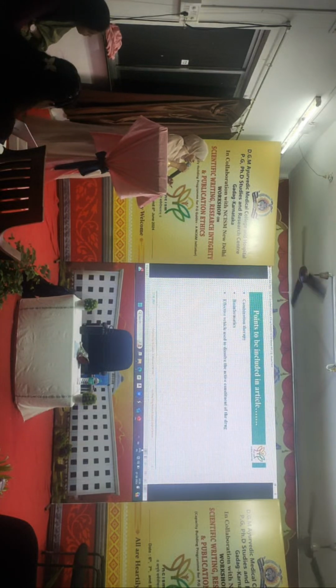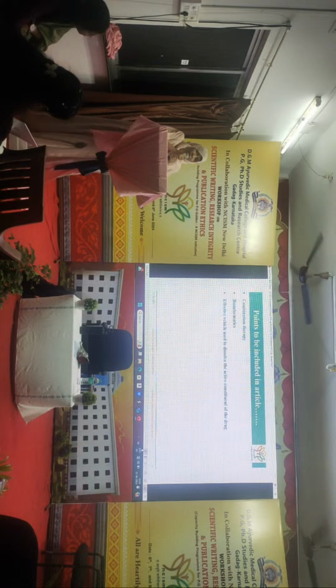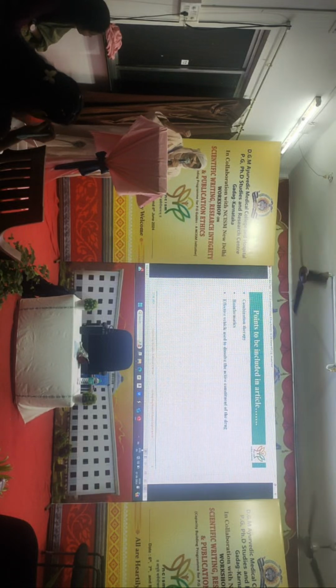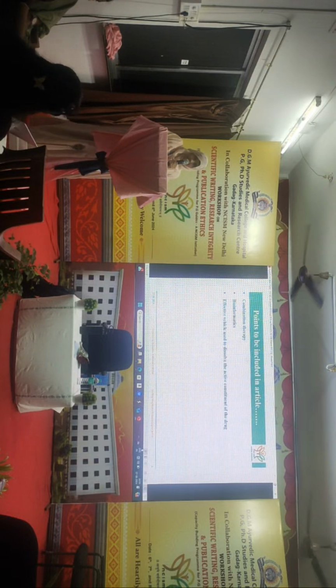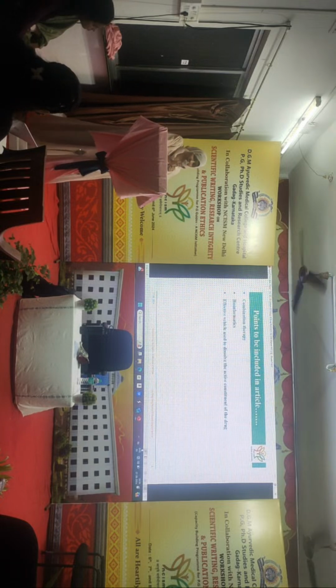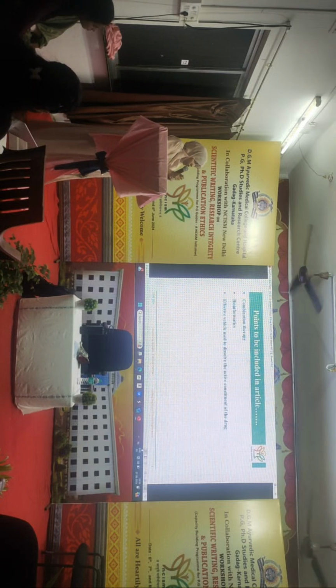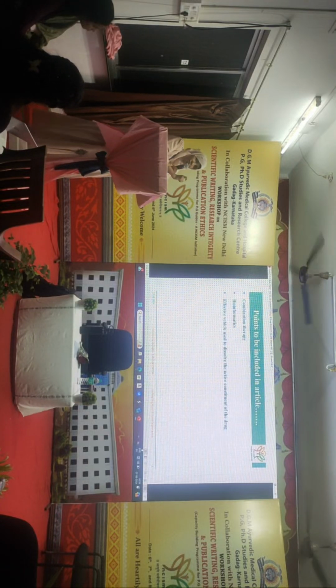Now, the effective vehicle used to dissolve the active constituent of the drug. If you are able to dissolve the active ingredient of the drug in water, you will write aqueous extract. If you require ethanol, then you will write ethanolic extract. So what is the vehicle in which you are able to dissolve the active constituent of the drug? That vehicle should also be mentioned.